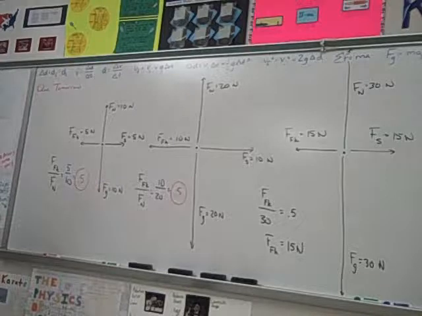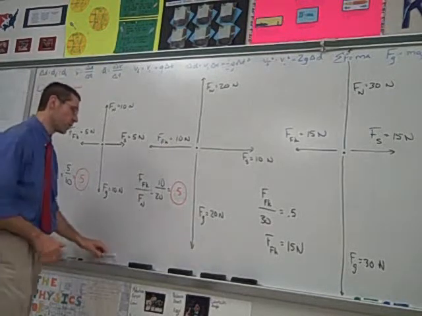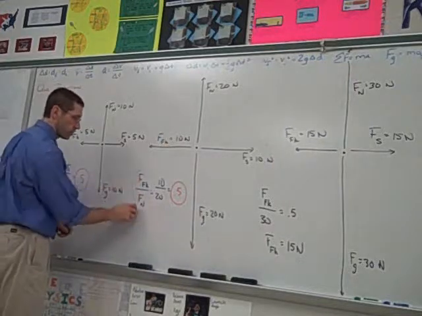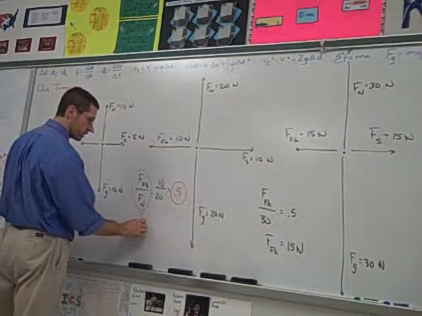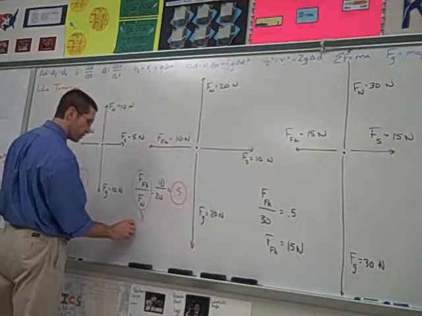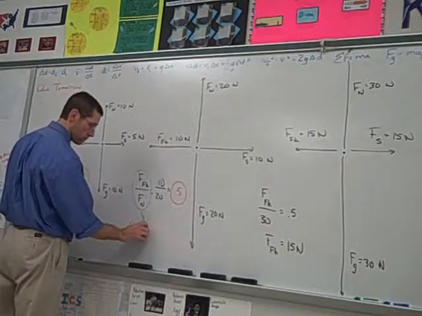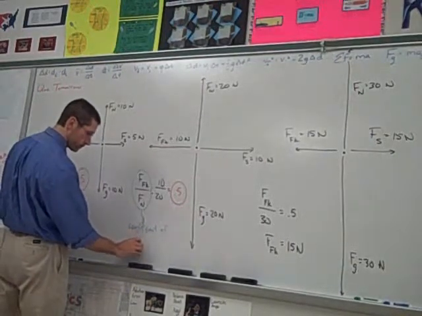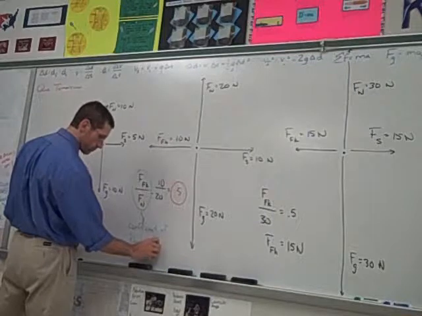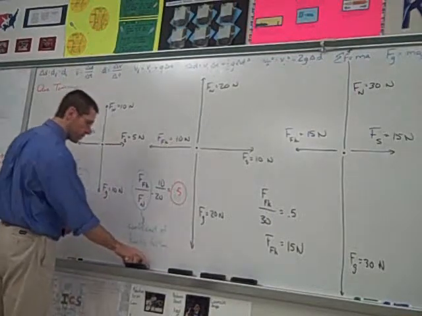So that seems like it's probably a pretty important ratio. We could do a lot with it. And so we give it a name. The ratio of friction force, kinetic friction force to normal force, is called the coefficient of kinetic friction. And we give it a symbol.